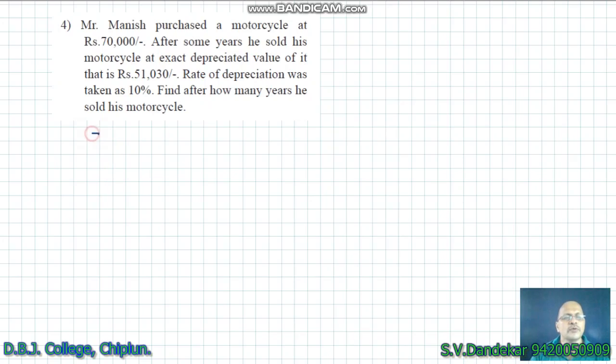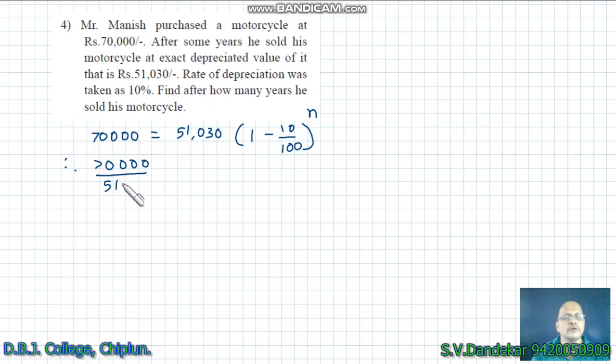Using that formula, directly putting the value, 70,000 is equal to 51,030 into (1 minus 10 by 100) raised to n. N is unknown here. Therefore 70,000 upon 51,030 is equal to (9 upon 10) raised to n.